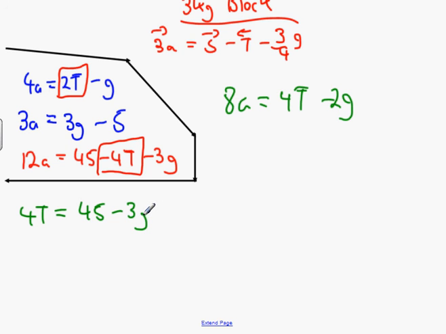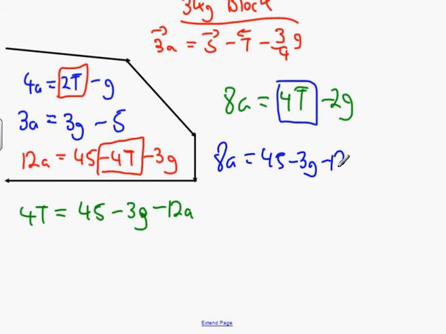I now have a direct substitution for this 4T here. So 8A equals 4S minus 3G minus 12A, minus 2G, right? So 20A equals 4S minus 5G.